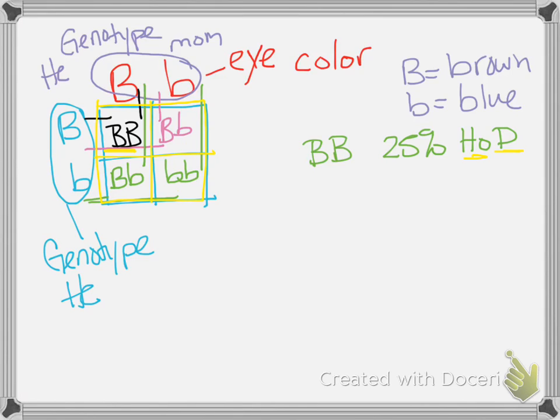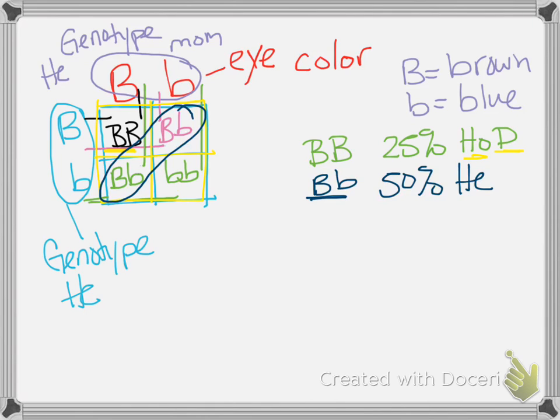And then if you want to look at our next box, it's hard for me to find colors I've not used. We are going to look at these two. These are both the same, capital B, lowercase b. So we would write capital B, lowercase b. There's 2 boxes of them, so 25 plus 25 equals 50%. And we're calling these heterozygous because they're different cased letters. Hetero is different.